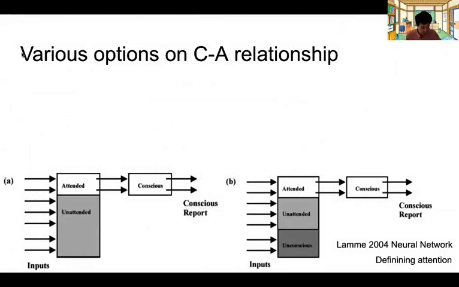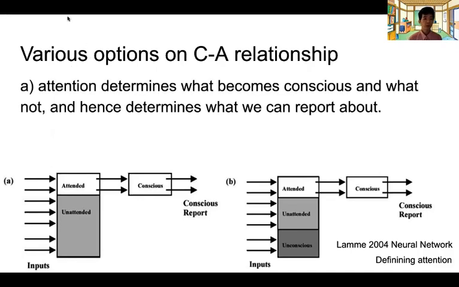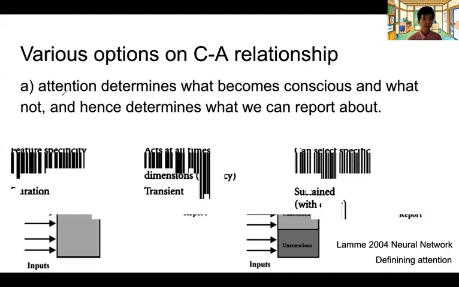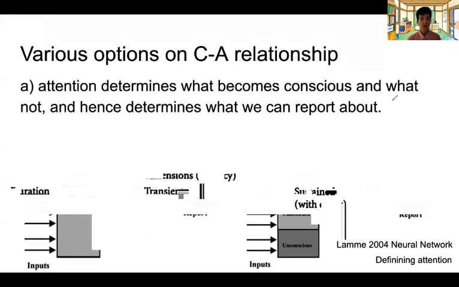So now, after covering this definition of attention, we can start to talk about the relationship between consciousness and attention. Here are two types of models that psychologists and philosophers have assumed for many, many years. Model A says that attention determines what becomes conscious and what does not, hence determines what we can report about.